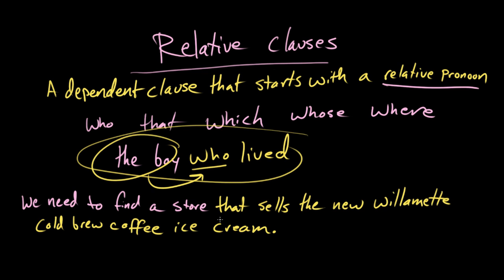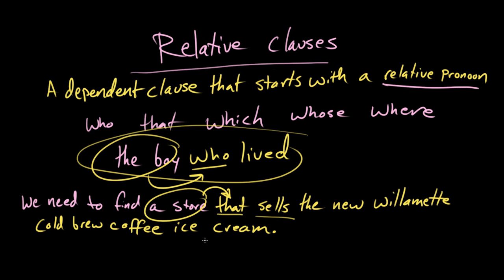But we're focusing on this yellow part here. So that is substituting in for a store. That's what that relative pronoun is representing. And then we have that sells the new. So we've got store that sells, right? So that is our subject here. Sells is the verb. The new Willamette cold brew coffee ice cream is the object of sells.